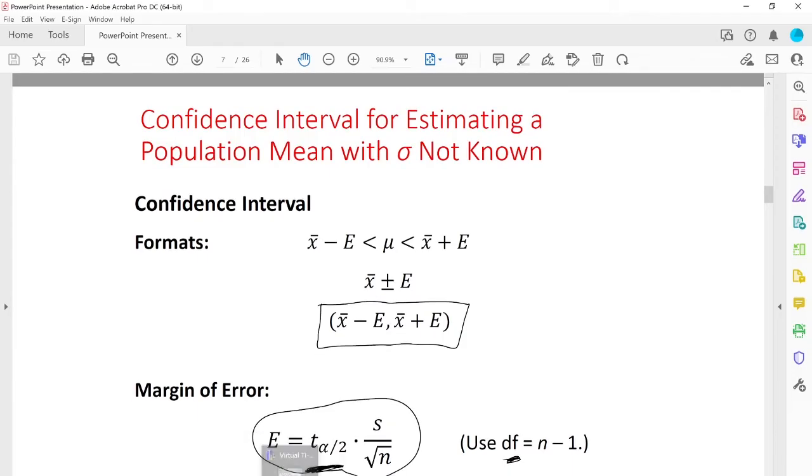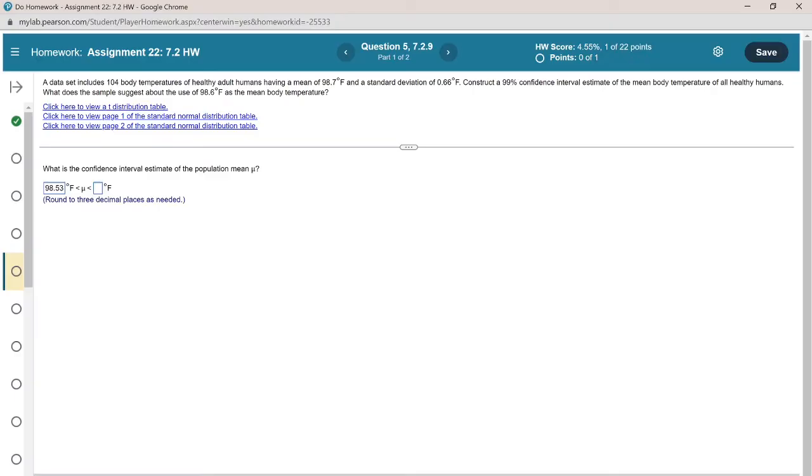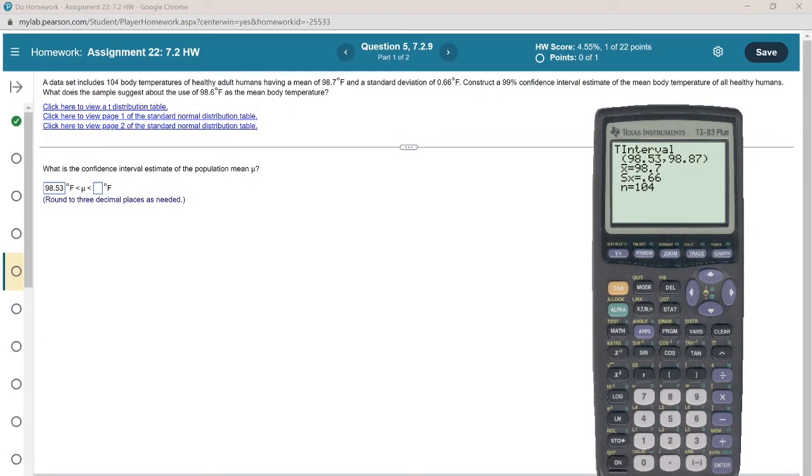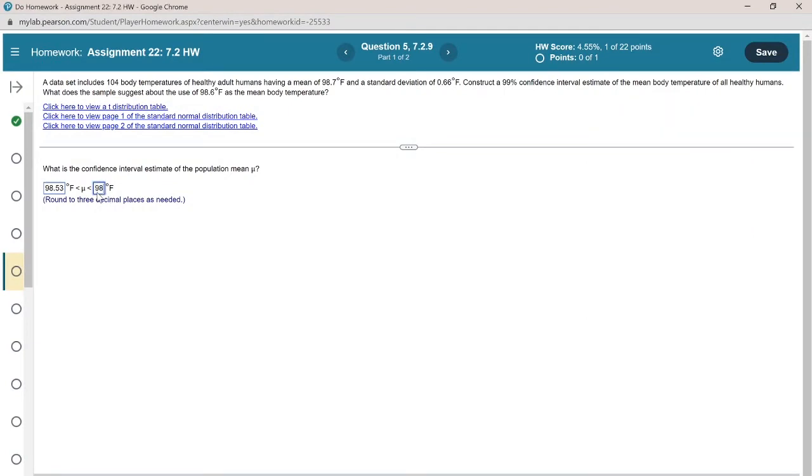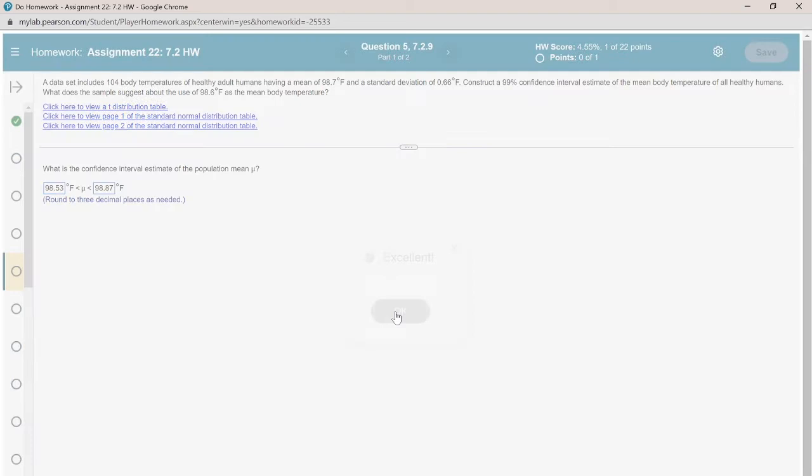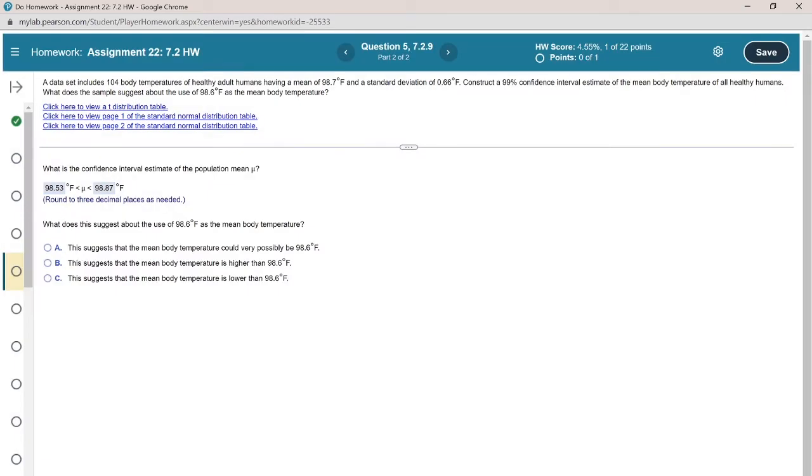Where is that? Okay, 98.87. Okay, that's right. Now, what does this suggest about the use of 98.6 degrees Fahrenheit as the mean body temperature?